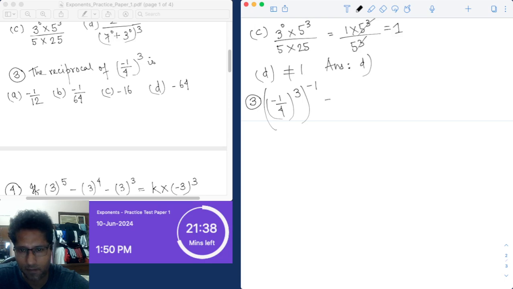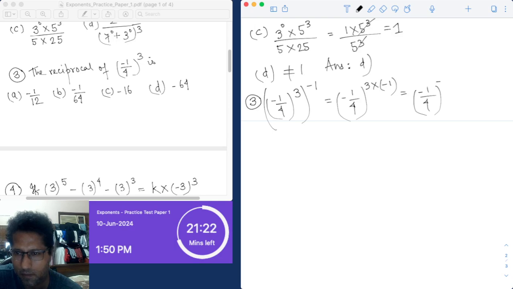Now we know that this is (-1)^3 multiplied by (-1)^3 multiplied by (-1), this is (-1/4)^(-3), and we know that this is 4 over -1 to the power 3.